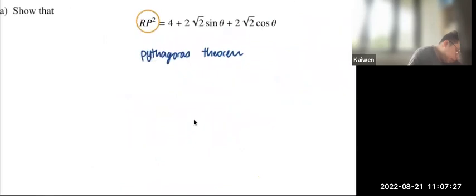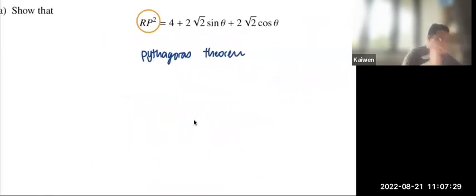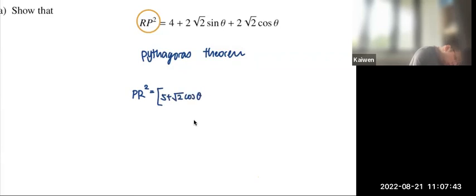So we're going to apply Pythagoras' theorem right now. I'm going to do everything in a single step because I'm lazy. So RP squared is equal to (5 plus root 2 cosine theta minus 4) squared plus (5 plus root 2 sine theta minus 4) squared.